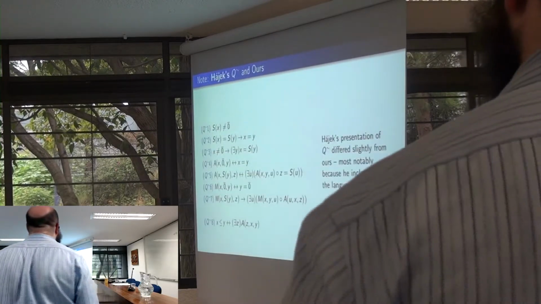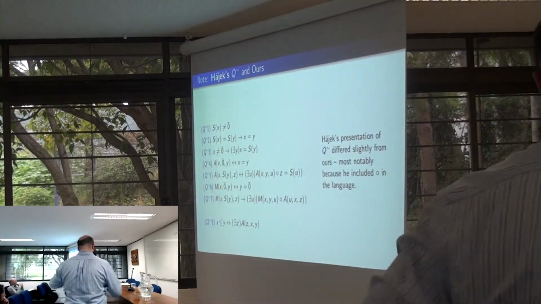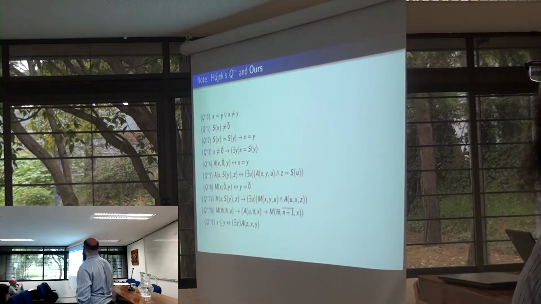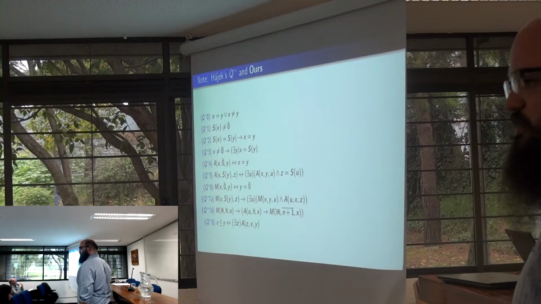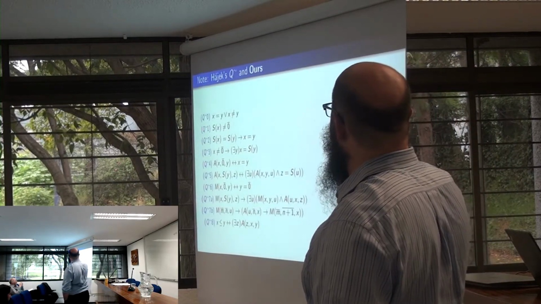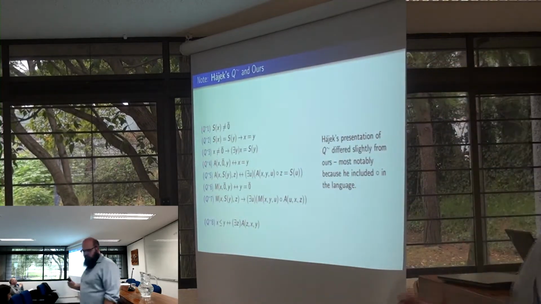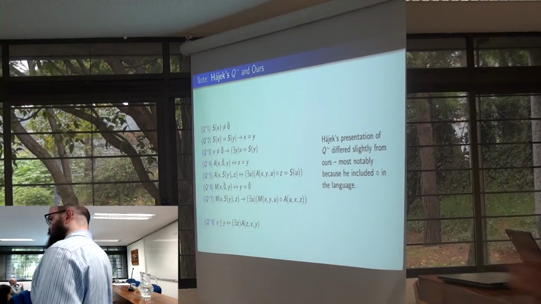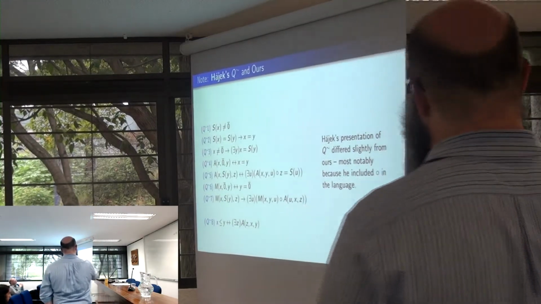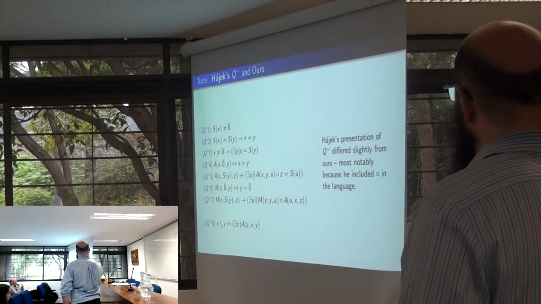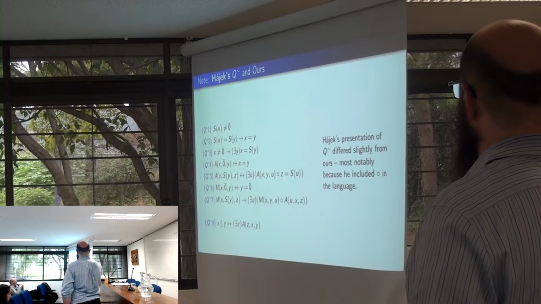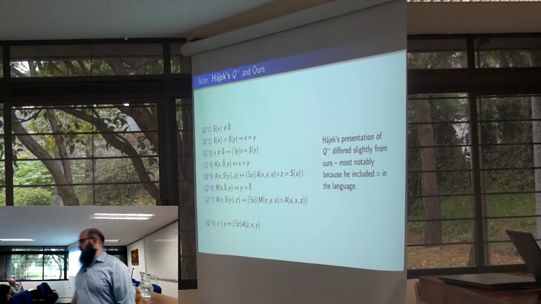Let me say briefly one thing, which again is just a little bit of housekeeping. The system that I showed you as Q sim, namely this, is not the system Hayek initially used. As I mentioned, he didn't have as an axiom of the theory that identities are crisp. He just assumed crispness of identity in the logic. But more substantially, he stated the induction principles for addition and multiplication using the multiplicative rather than the lattice conjunction.